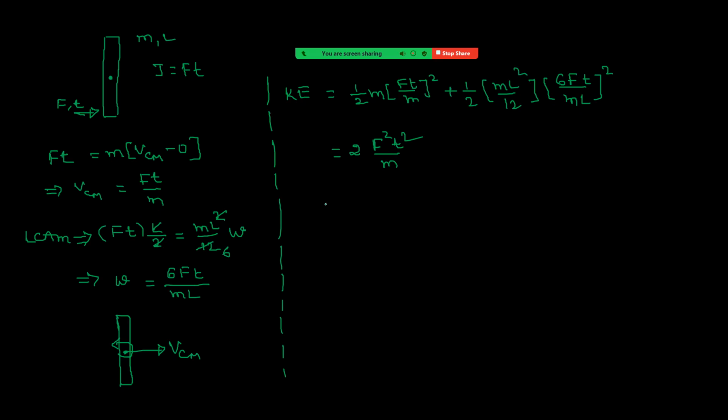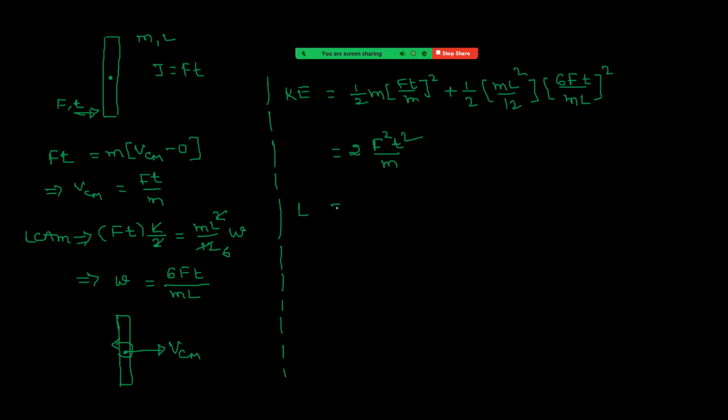Okay. Next. So next what we have to calculate. So coming to D, angular momentum of the rod. It's about which axis? Angular momentum of the rod about center of mass, after force has stopped.